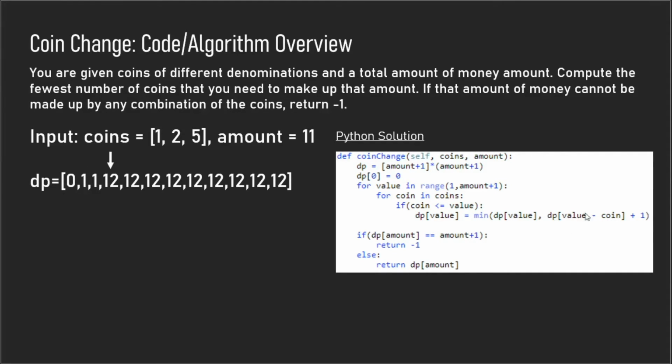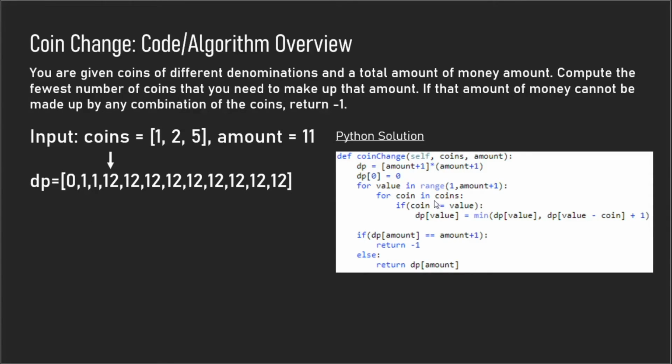Again, the second parameter here is where you're actually selecting the coin. When you select the coin, that's where you get value minus coin, because you've already selected it, so then you have to subtract it from the amount, and then we use that previous solution to calculate our current solution. So we do plus 1 to add the current coin.